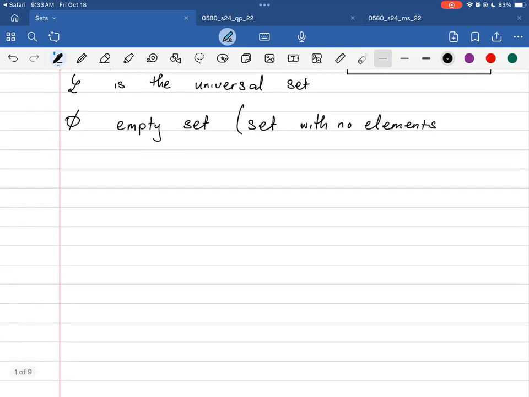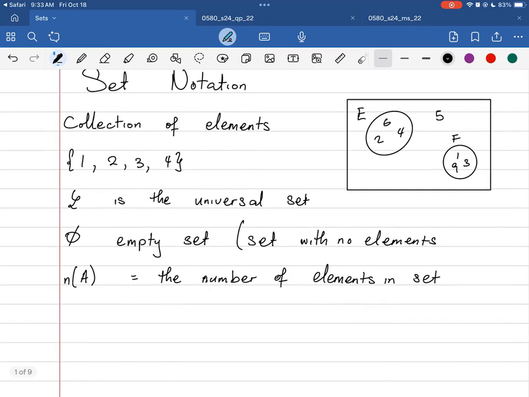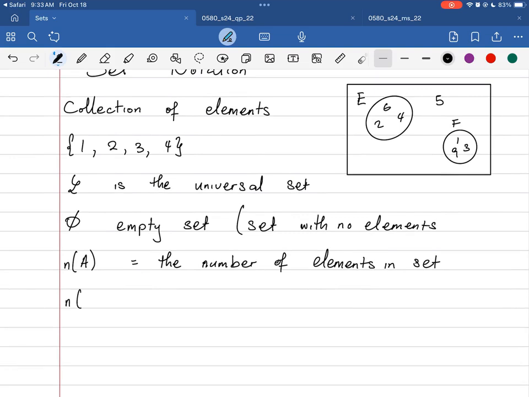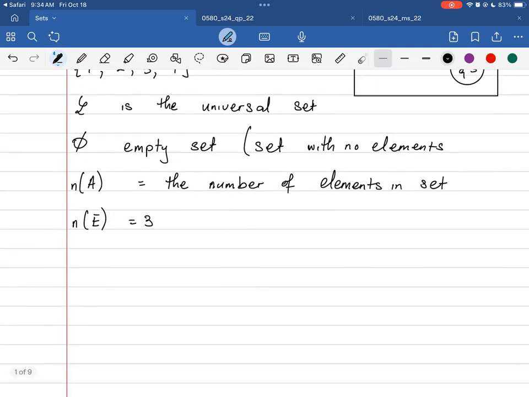If you see n(A), it means the number of elements in set A. For example, with the example I gave before, if you had n(E), the answer would be 3 because you have 3 elements in set E. Now if you had n of an empty set, what do you think the answer will be? Because an empty set has no elements, this will be 0.